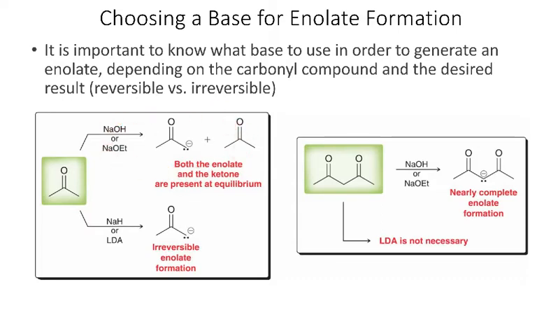However, if I only want to have the enolate, I need to go with a stronger base. On the other hand, when we have these diketones, where the carbonyls are separated by just a single carbon atom, they are much more acidic than our regular aldehydes and ketones, and so even a moderately strong base will give us almost all enolate at equilibrium.